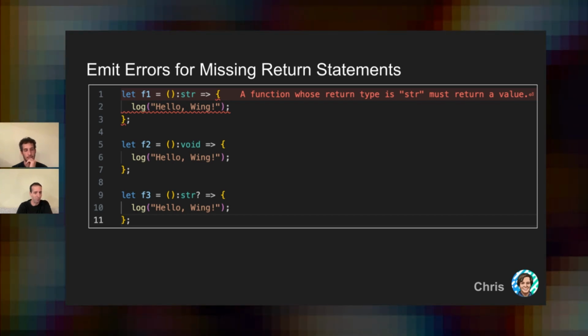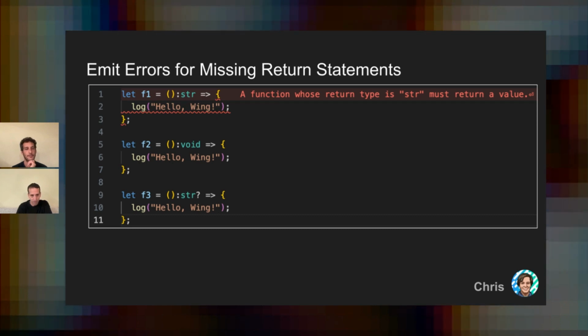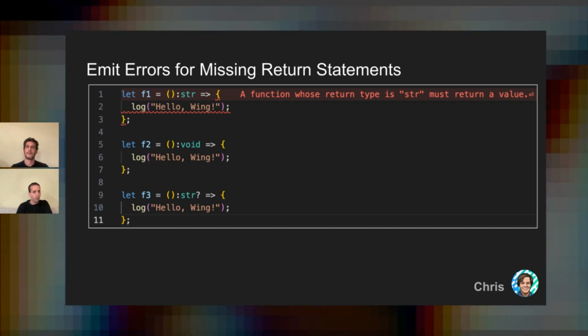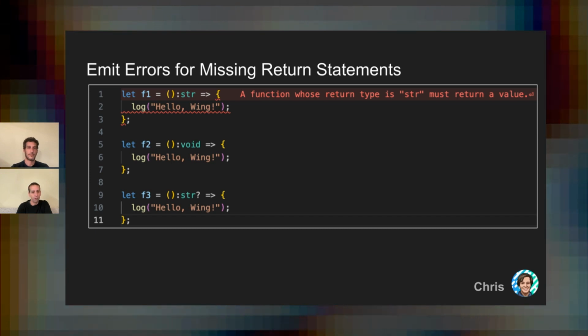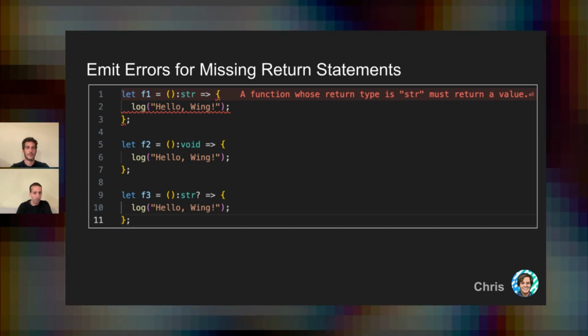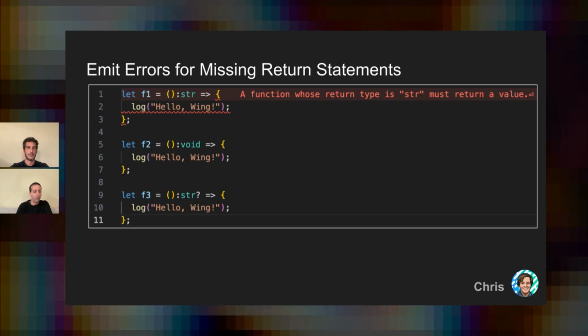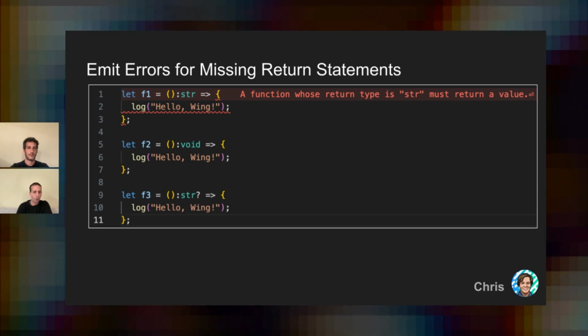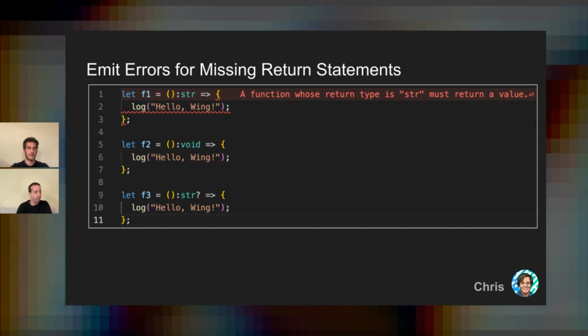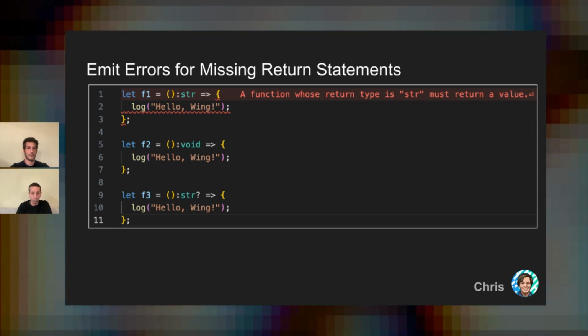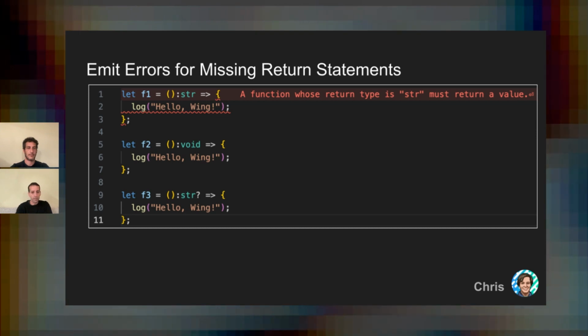The other more interesting example is what happens when your signature is to return an optional. In that case, we went for the ergonomic option, and you don't have to return anything as well. So that's Chris.